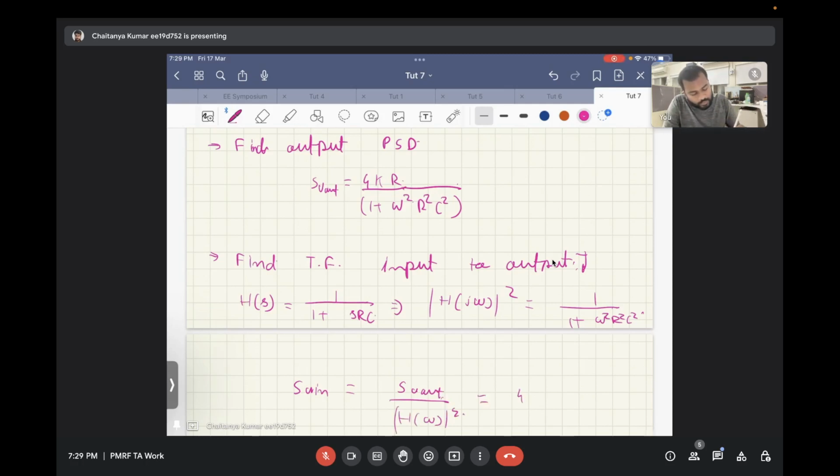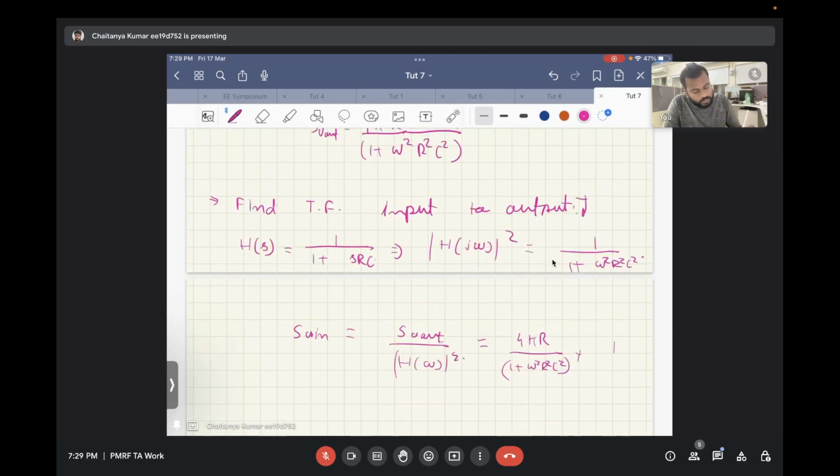So this will be 4 kTr upon 1 plus omega square r square c square, into 1 upon 1 plus omega squared r squared c squared.